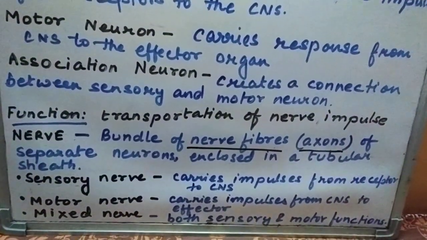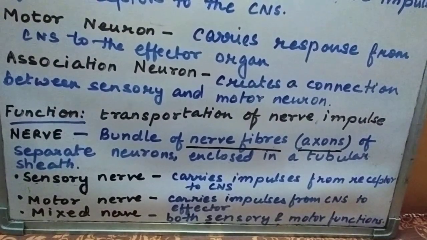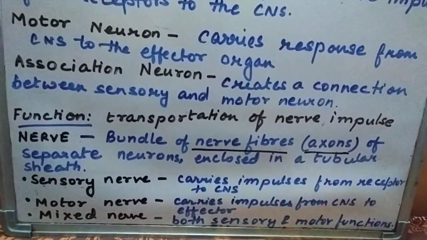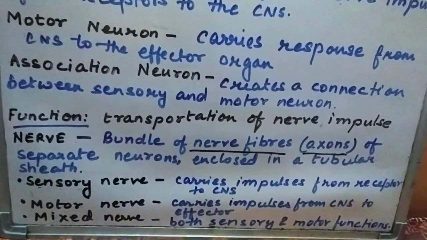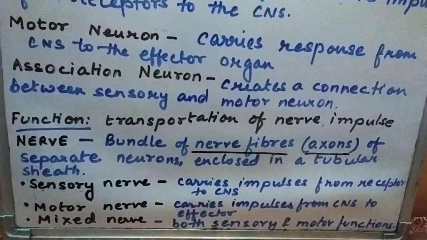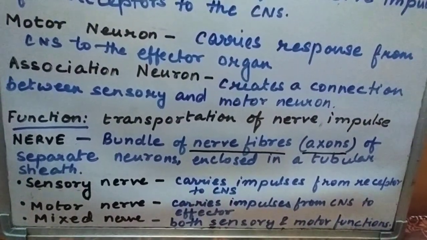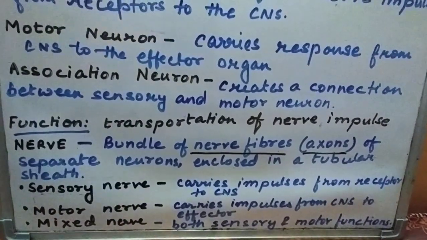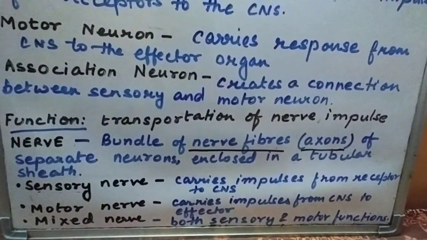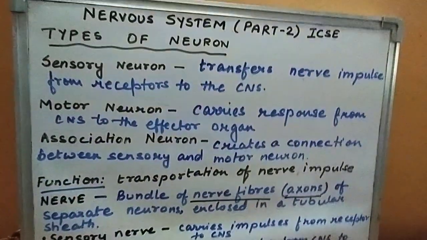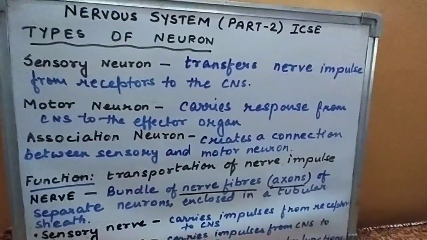And motor nerves are the ones like spinal accessory nerve and all that carry the impulses or information from the central nervous system to the effector. Whereas mixed nerves are mostly spinal nerves coming out from the spinal cord, having both the function of sensory and motor. So these were some of the parts of the nervous system of class 10 ICSE.